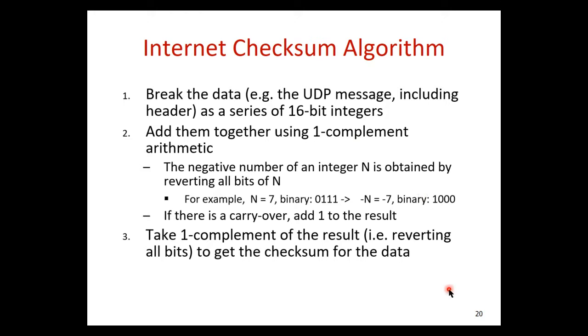If the sender decides to calculate the checksum, but the result is all zeros, remember, 0 in binary is all zeros, that means 0. But minus 0 is also 0. So minus 0 is represented by all ones. You flip all the bits, you get -0.